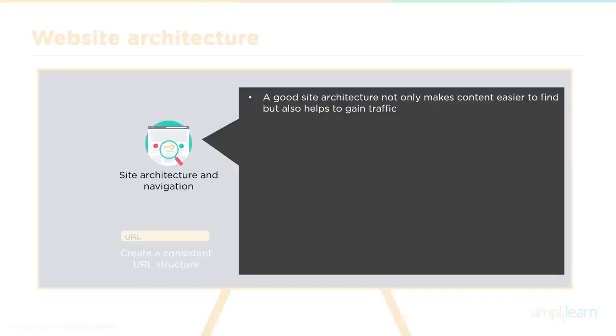So good site architecture not only makes content easy to find, but also helps to gain traffic because, hey, if your site is easy, it's well organized, it's built for multiple devices, the URLs are easy, then all that's going to be apparent to the search engines. And when it's apparent to the search engines, it's going to get indexed. And when it gets indexed, then you're going to get found and you're going to get the traffic. So it's just a natural progression.